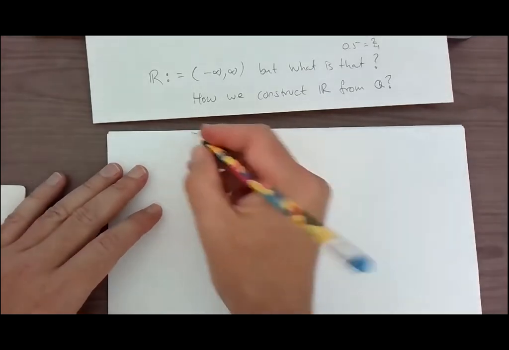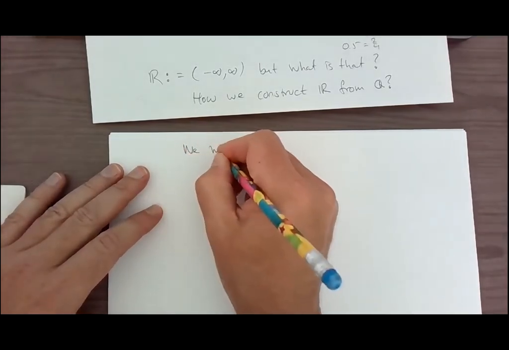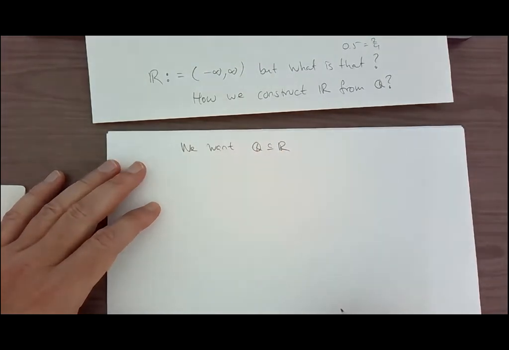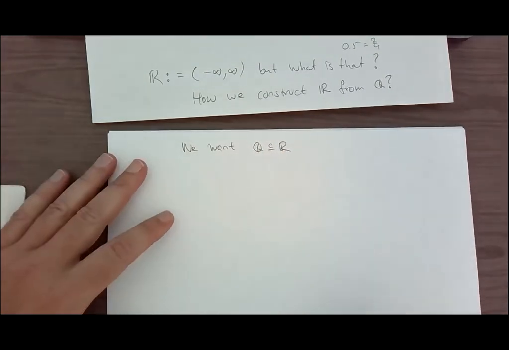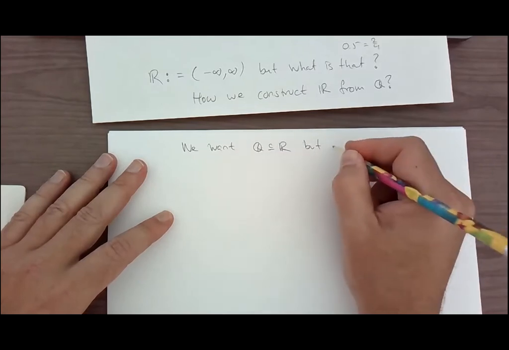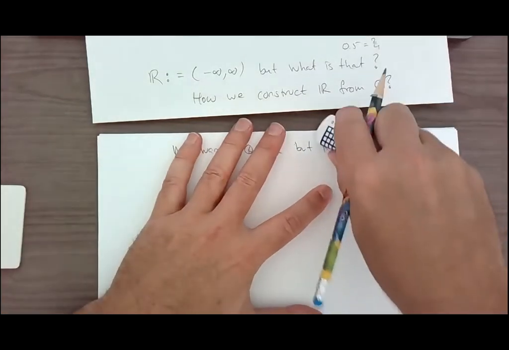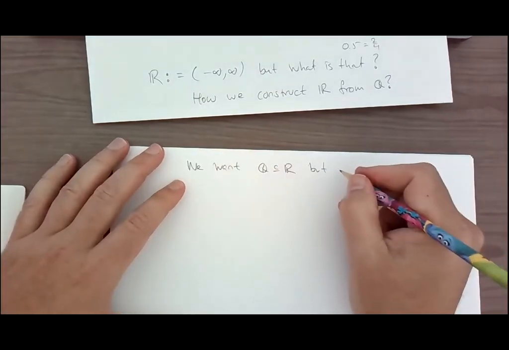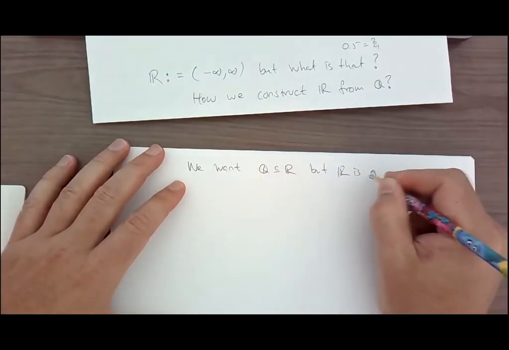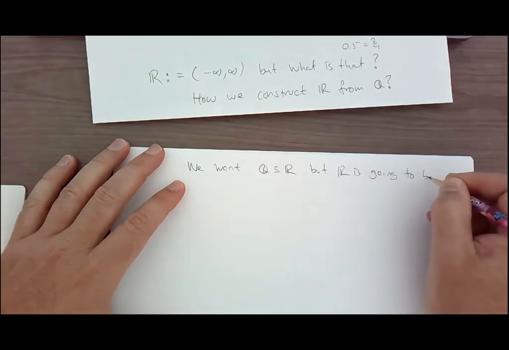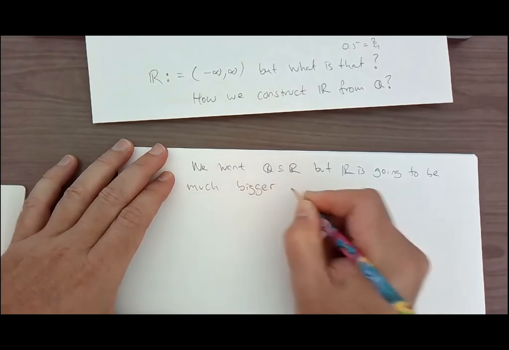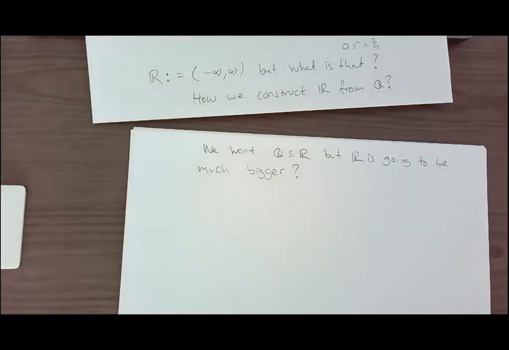It's clear that we want Q to be inside R, but R is going to be much bigger. Let me just look at a little example.